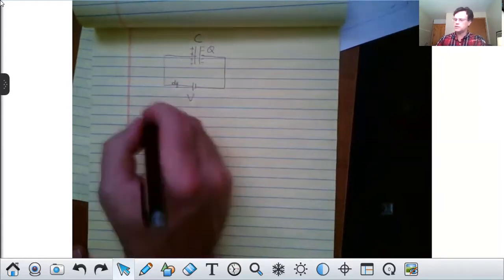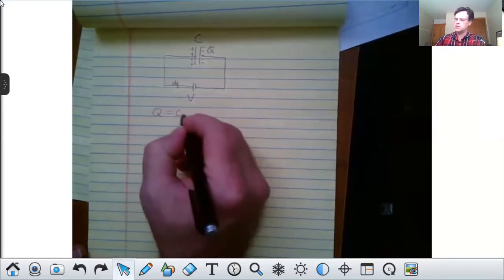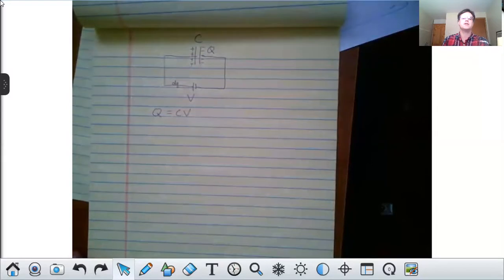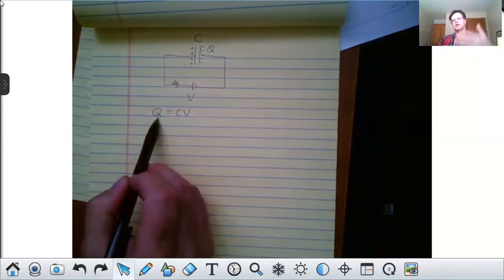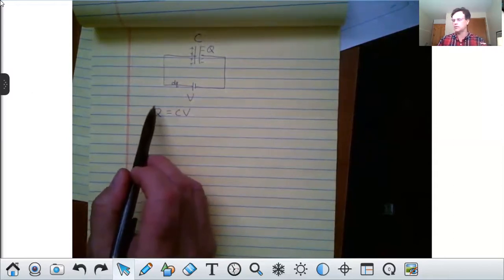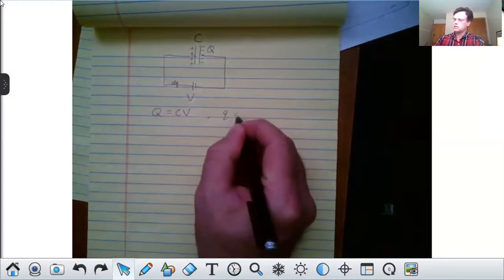Now, remember, first of all, that our definition of capacitance is that the total charge is capacitance times the voltage. This charge may change as I build up charge, until I get to the maximum amount. So I'm going to write this as little q equals CV.